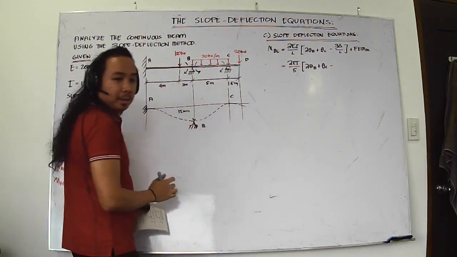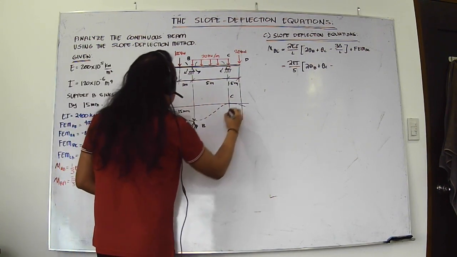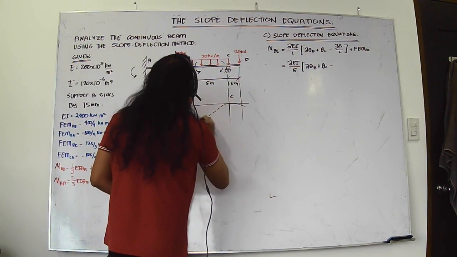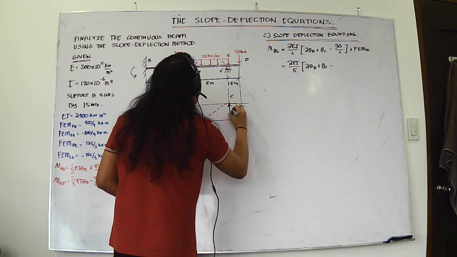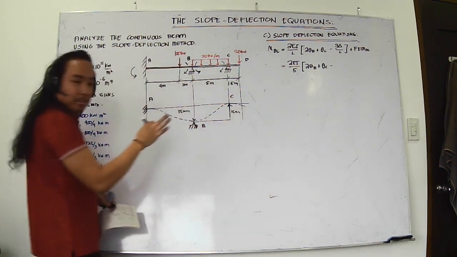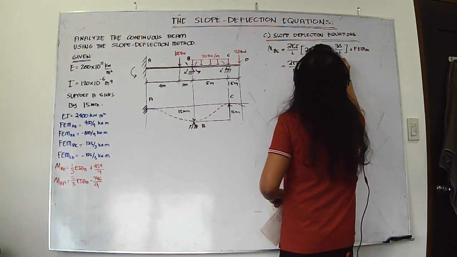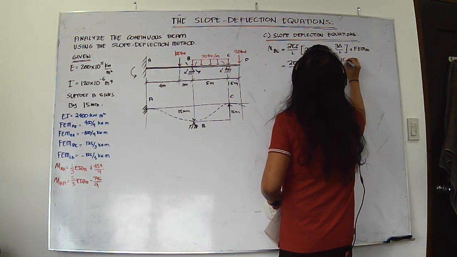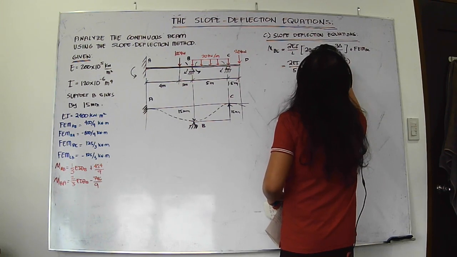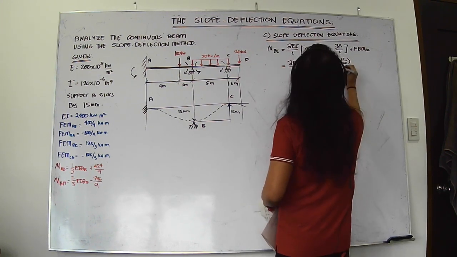The 15 mm, so it moves down, so it is positive 15 over 1000 divided by 5.